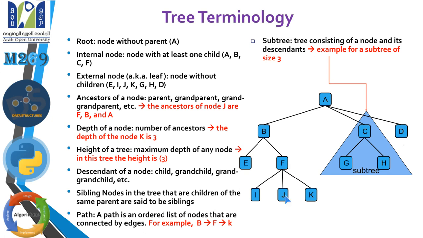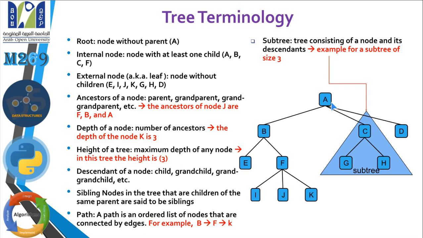So the ancestors of J are F, B, A. The ancestors of G are C, A. The ancestor of D is A. The ancestors of K are F, B, A, and so on. So here are the ancestors: the parent, the grandparent, the great-grandparent, and so on until you reach the root.